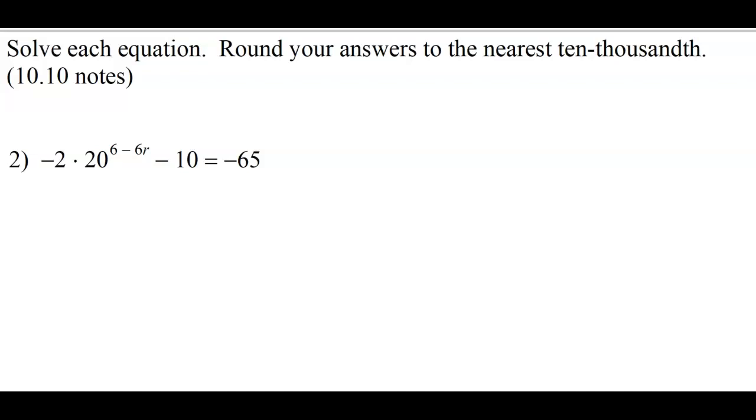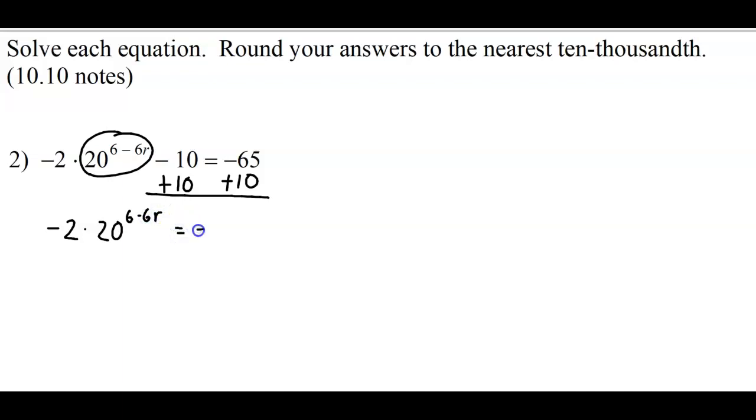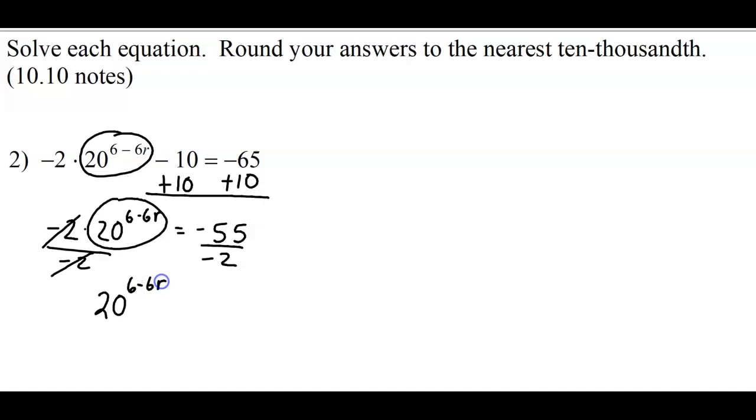So this is an exponential equation. I want to get this piece by itself first, so I'm going to start by adding 10 on both sides. I still need to get this piece by itself, so now I'm going to divide by -2. And then we're going to do a log on both sides.